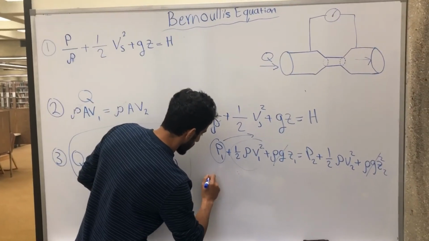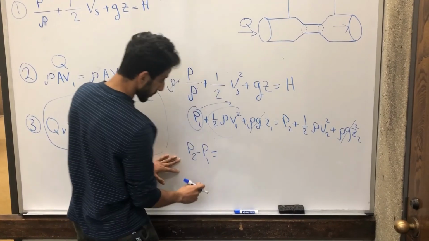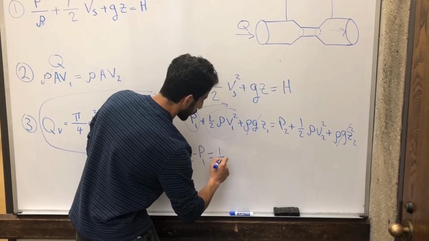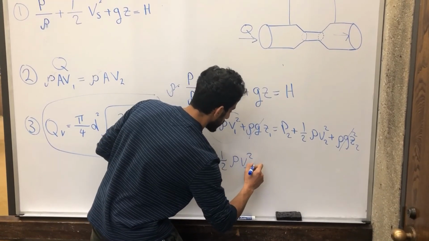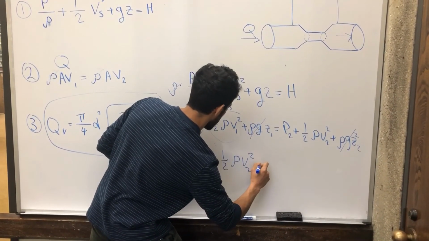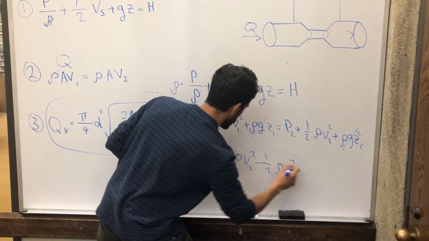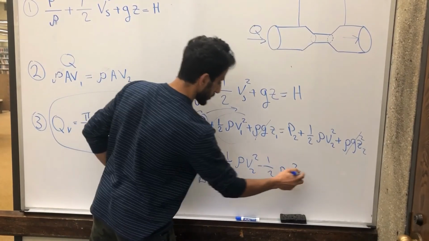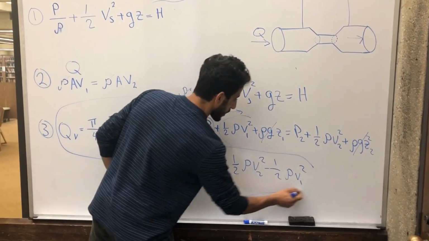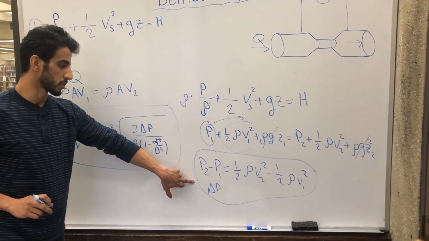Now, P2 minus P1 equals half of density times V2 squared minus half of density times V1 squared, which all leads to the differential pressure. This is how we used Bernoulli's equations to end up with our topic, differential pressure.